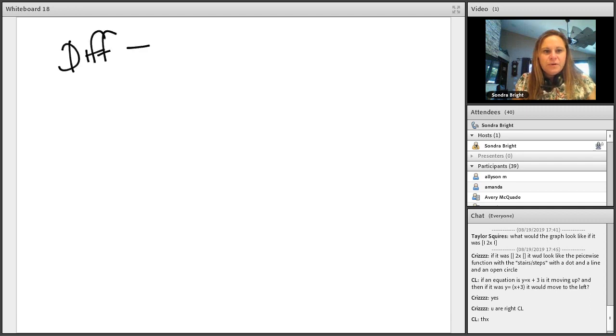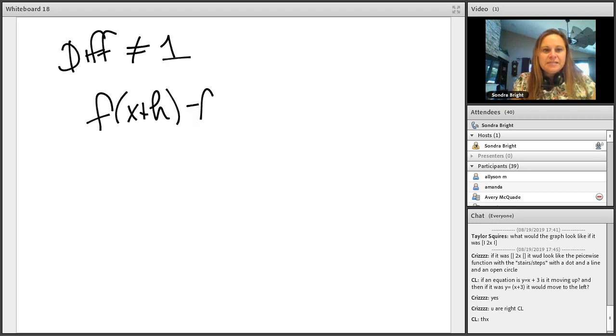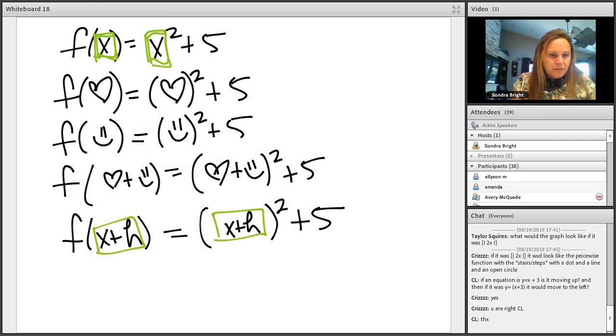So the difference quotient should not equal a 1. I mean, again, there's like one case where it does, but you're not going to see it. What you're doing there, f of x plus h is not, let me go back to here.